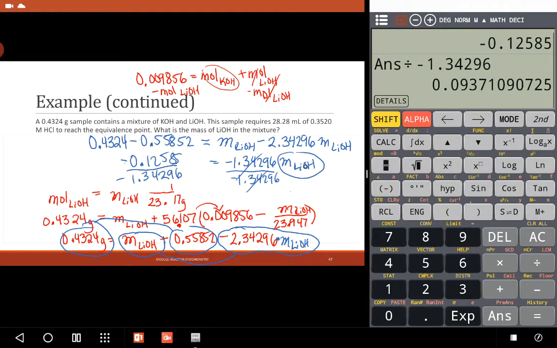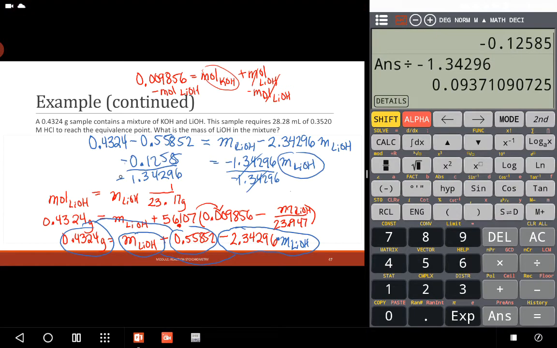So my mass of lithium hydroxide is equal to 0.09371 grams. And I need 4 sig figs. 1, 2, 3, 4. So there we go.